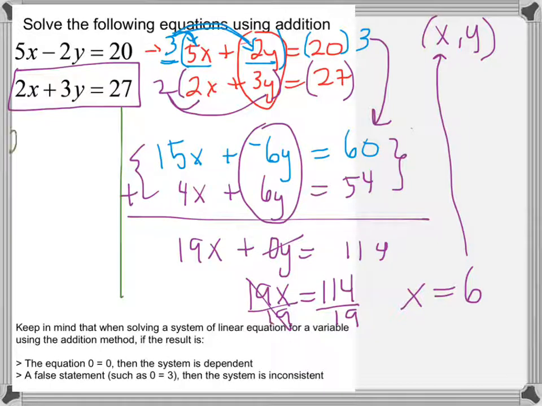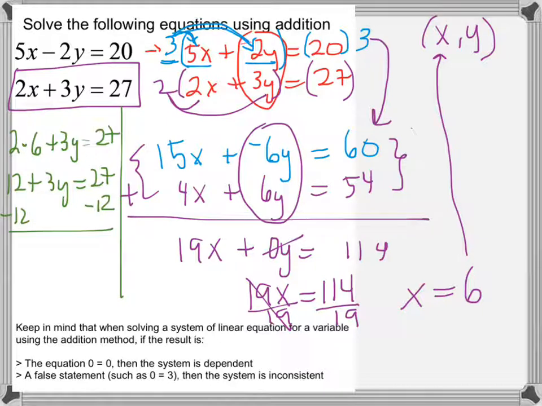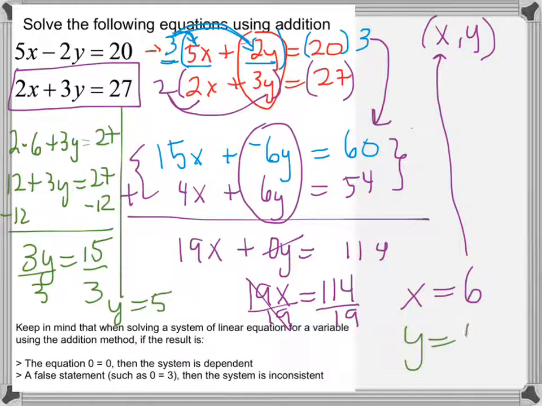I'm going to put 2 times 6 plus 3y equals 27. So 12 plus 3y equals 27. And subtract 12 from both sides. And I have 3y is equal to 15. And divide by 3. So y must be 5. So here is my solution. That means my xy pair is 6, 5.